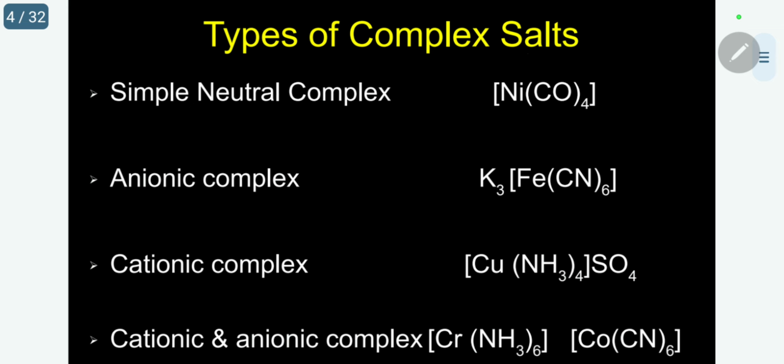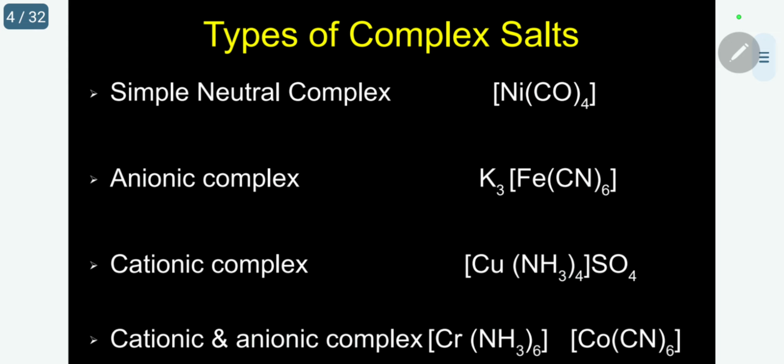Two, the anionic complex. Anionic complex means potassium is the cation and [Fe(CN)6] is the anion. This is called potassium ferricyanide, and the IUPAC name is potassium hexacyanoferrate(III).